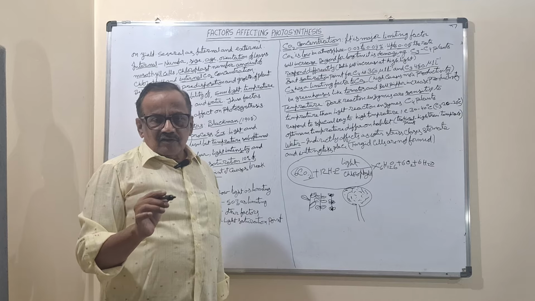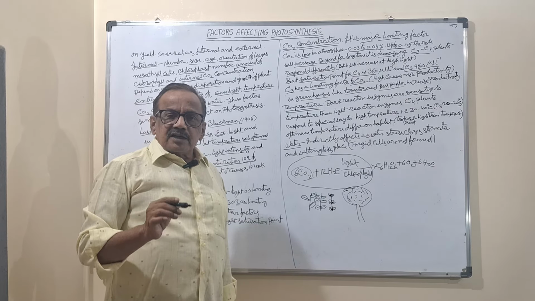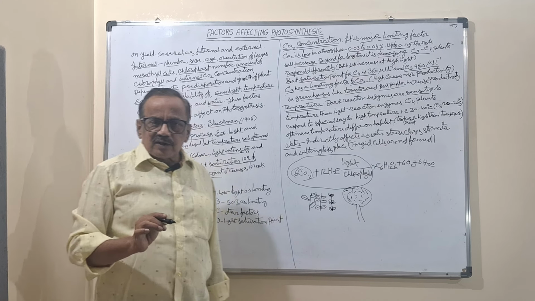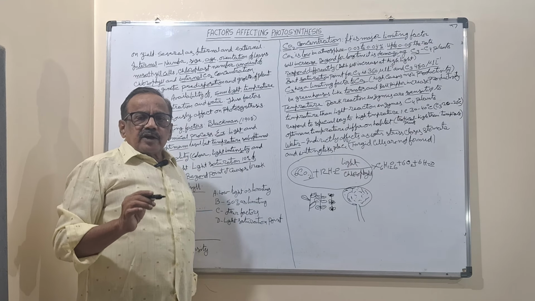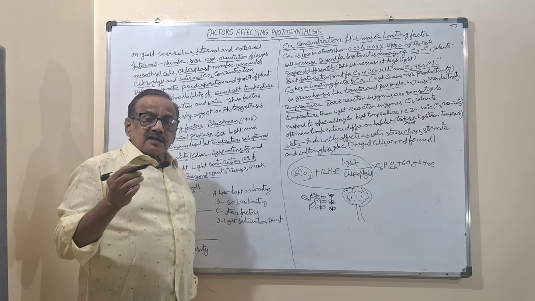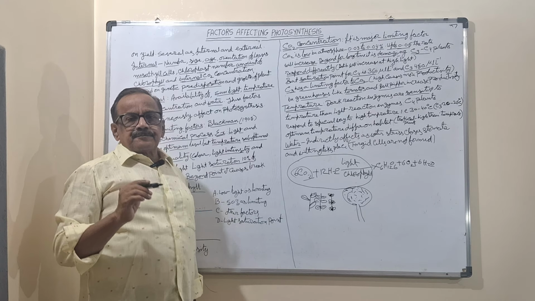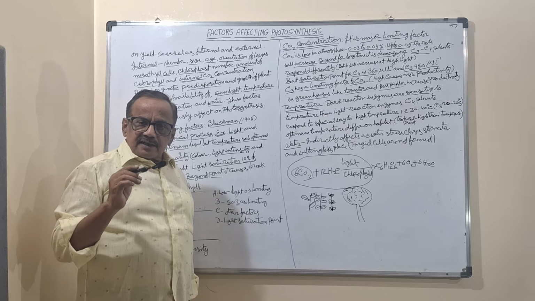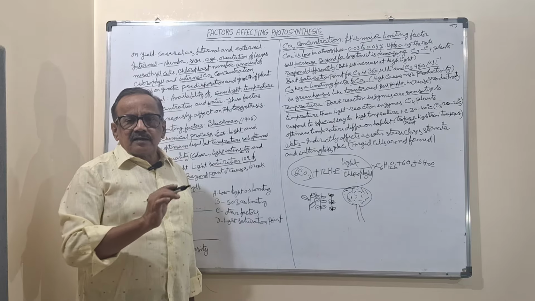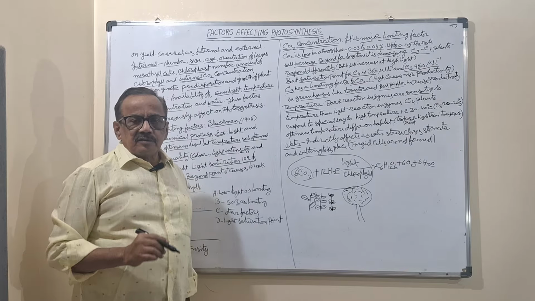Remember it: when other factors are optimum, 0.03 to 0.04% causes an increase in the photosynthetic rate. But artificially, when we supply carbon dioxide to the plant up to 0.05%, the photosynthetic rate also will be increased. Beyond 0.05%, if the carbon dioxide concentration is high for a long time, it will be harmful for the stroma. The chloroplast will be damaged.